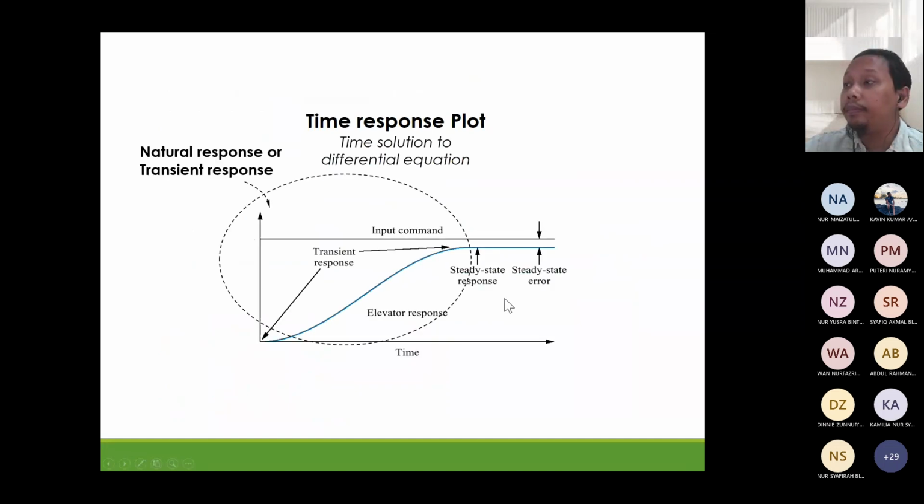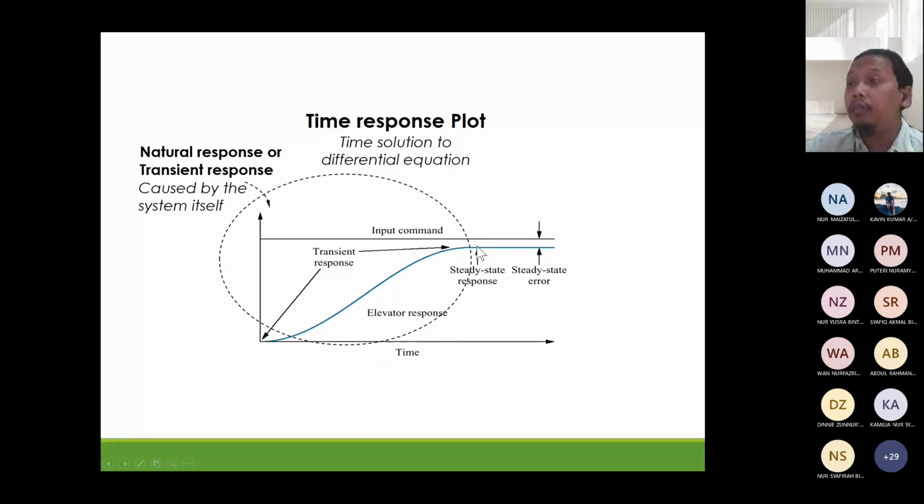Okay, so for a time response, usually the plot will have this kind of S-shaped curve. Usually the input will be the black line here. We want the system to respond and reach the black line.